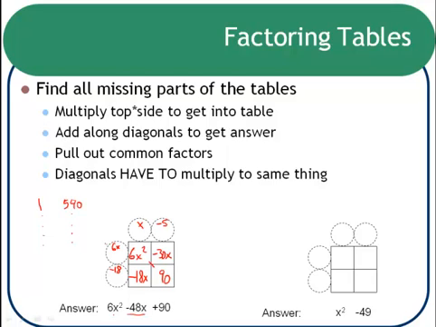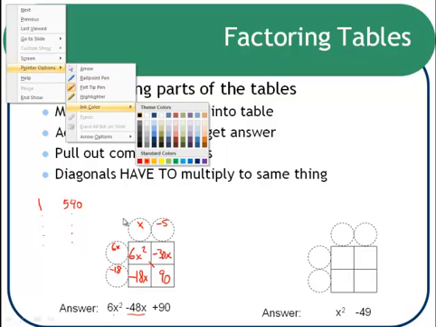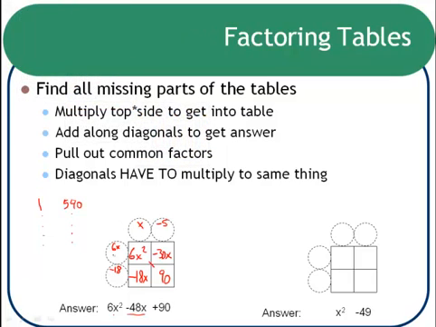So in a different color, maybe I pull out 3x instead of 6x. I knew they were both divisible by 3. Then this has to be 2x's. If that's 2x's, this has to be negative 9, and this would have to be negative 10. And if I pulled out 2x's instead, I'd get a 3rd factorization, and if I just pulled out an x, I would get a 4th factorization.